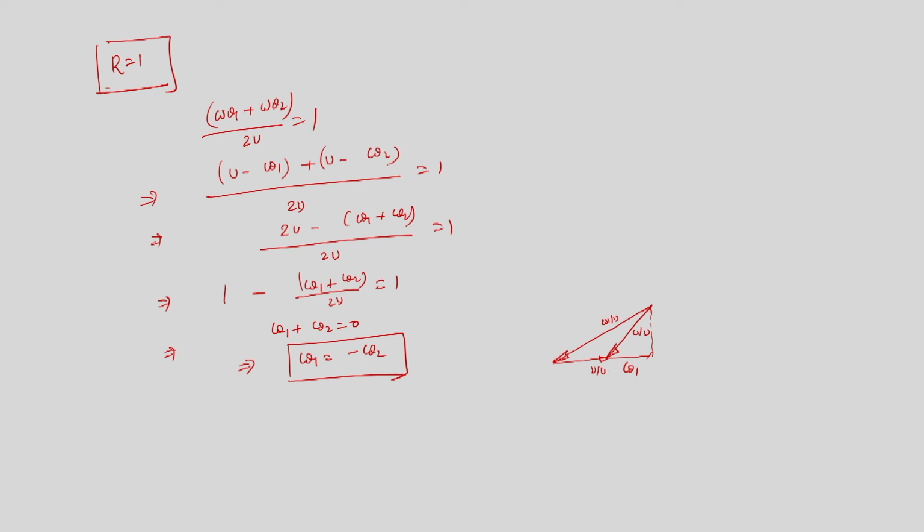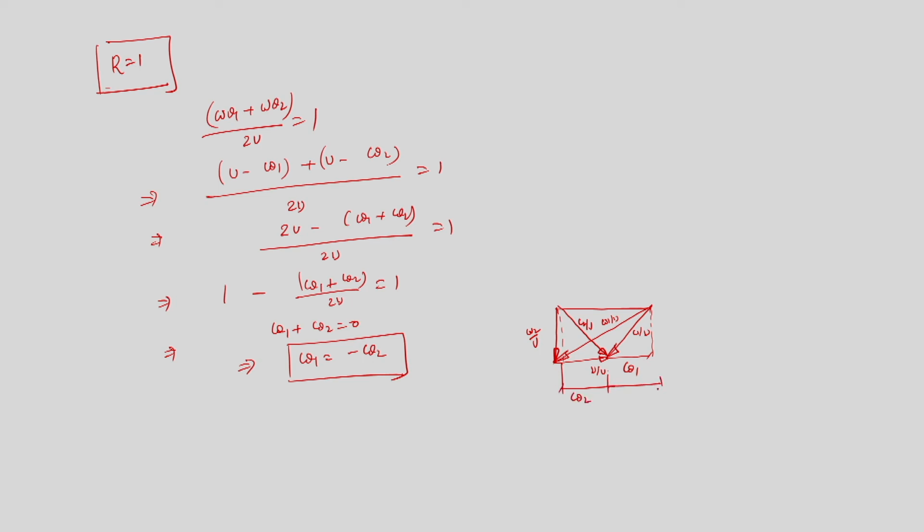So, C theta 1 should be equal in magnitude to C theta 2. This will be C2, this will be W2 by u, C2 by u, and this will be C theta 2.